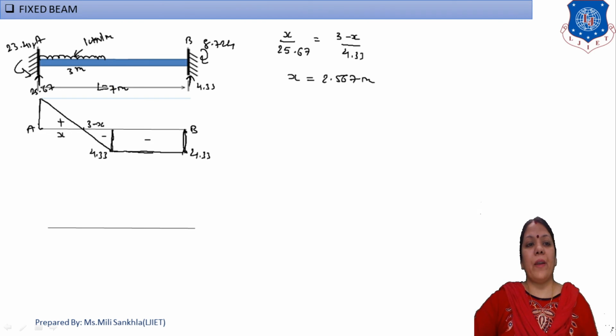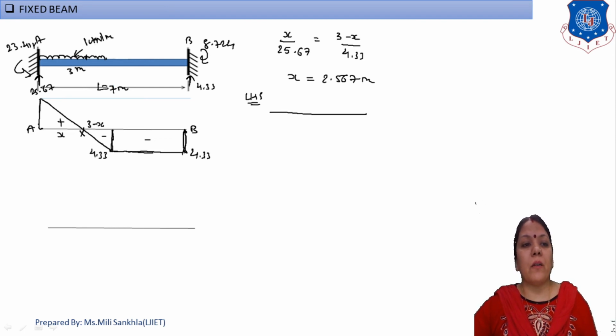Now here, at this point, we get the maximum moment. Suppose this is point x, and here we also find the moment. First of all we cut the section, because we find the moment from the left hand side, and this moment is my maximum moment. Cut the section.